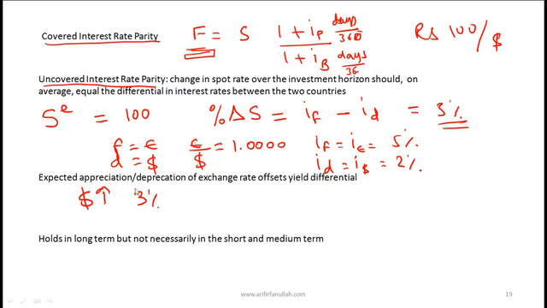So another way of looking at it is that this expected appreciation of the dollar basically will offset the yield differential of the dollar and the euro.